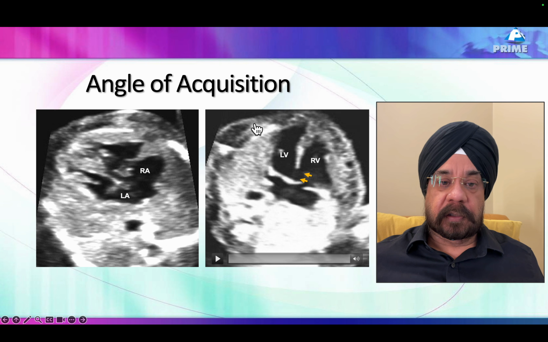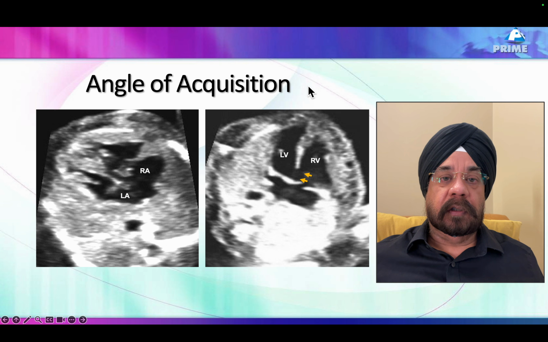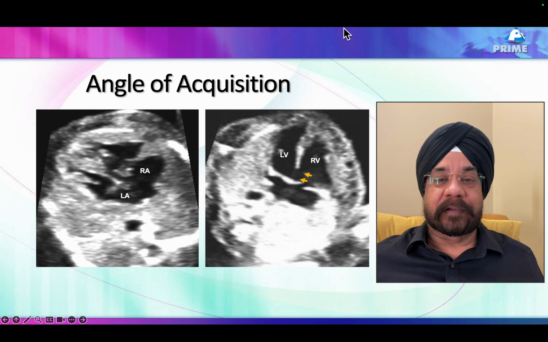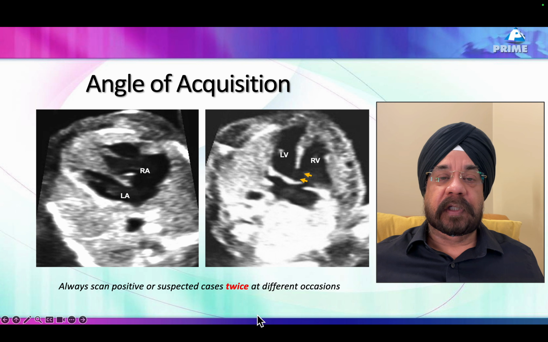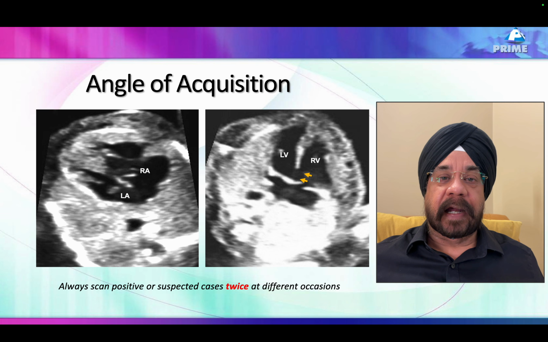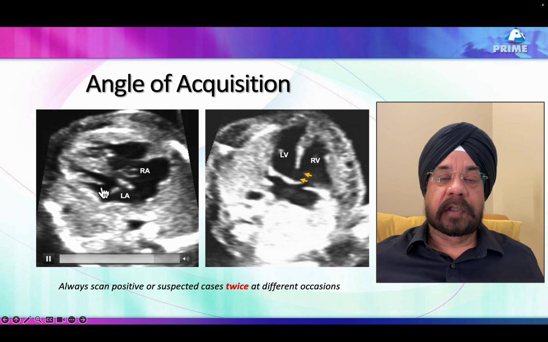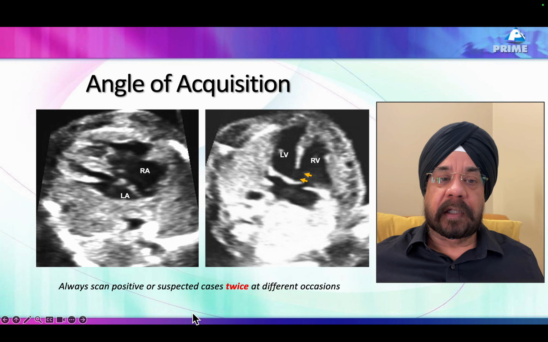Because of all these lateral, azimuthal and axial resolution problems, many times you miss an abnormality just because the angle of the heart is different. I'll give you a very nice example which we recorded. Now if you see here, this is the heart in the lateral 4-chamber view, and things are looking okay.